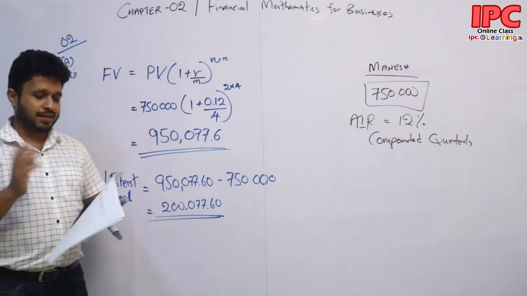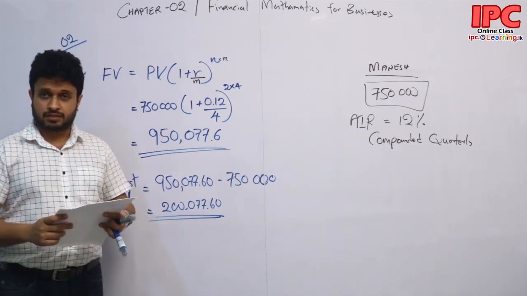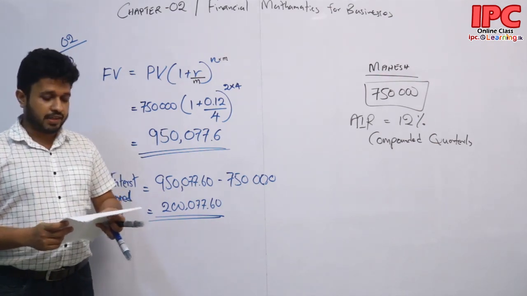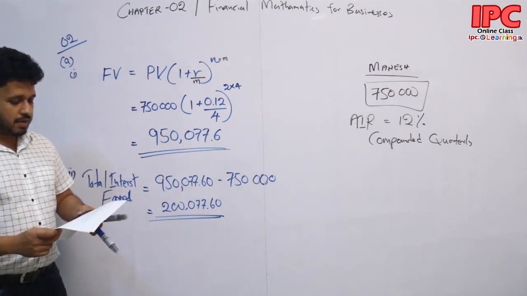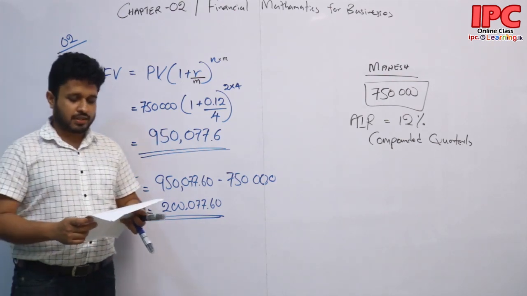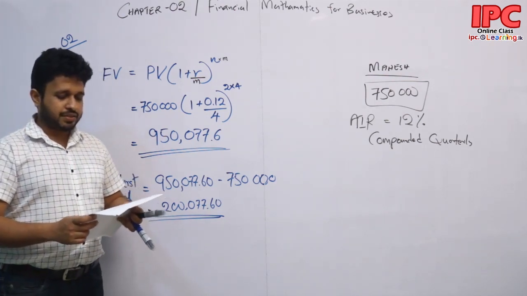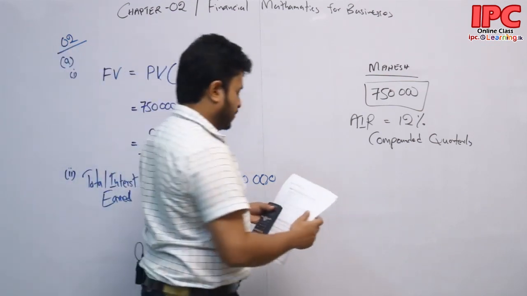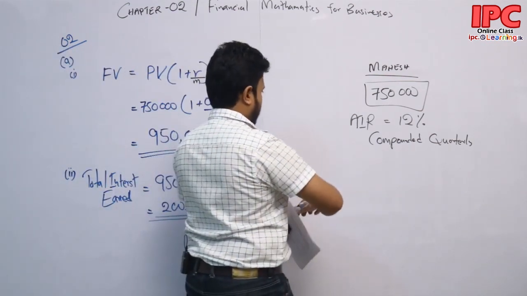Okay, part A is completed. 6 marks we have earned up to now. So come to part B. It says someone borrowed rupees 500,000 at an interest rate of 14% compounded annually. The second person is Saman.